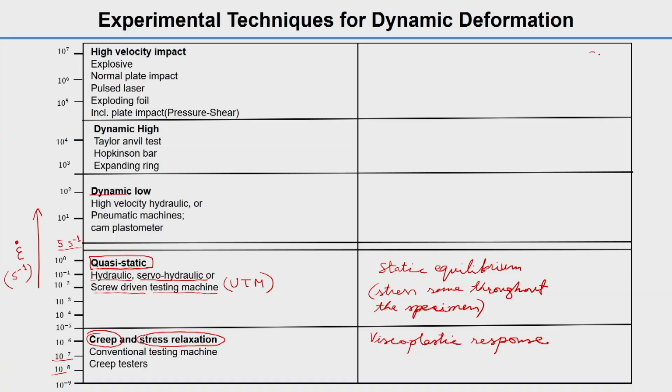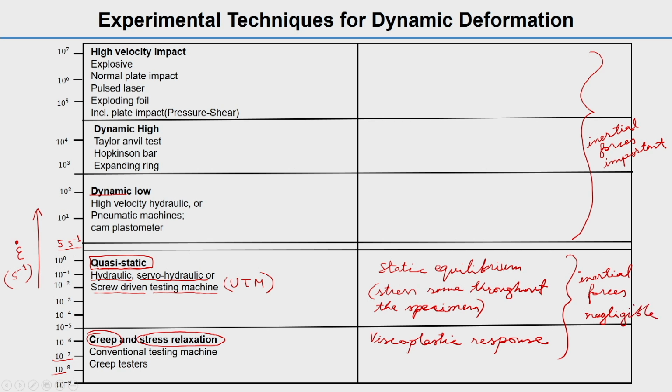As you can understand, in this strain rate range the inertial forces are important, or the effect of inertial forces is significant, and below that strain rate inertial forces are negligible.